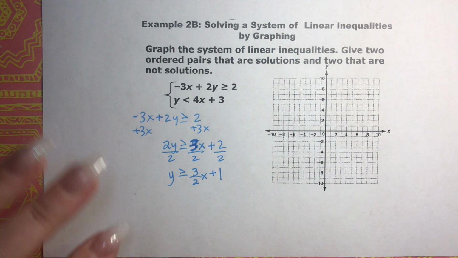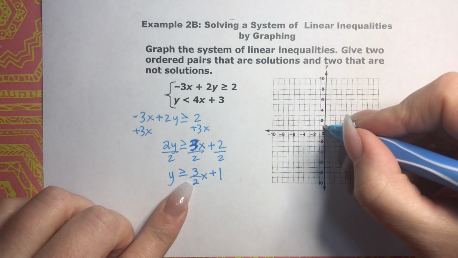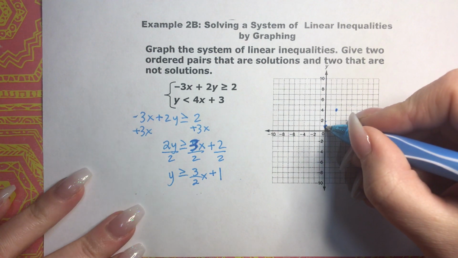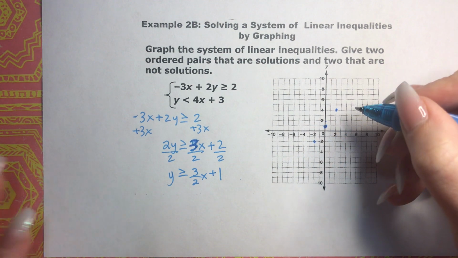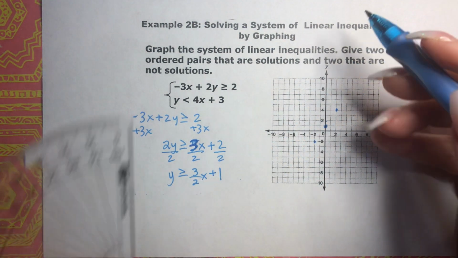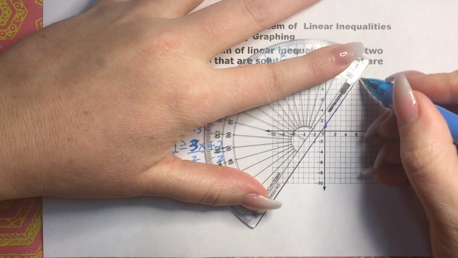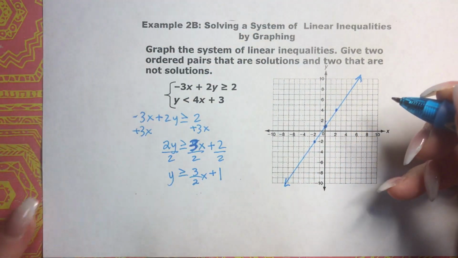Okay, now I can graph. My y-intercept is 1, and then I'm going to go up 3, over 2, and then down 3, over 2 this way. And it's going to be a solid line. Perfect.